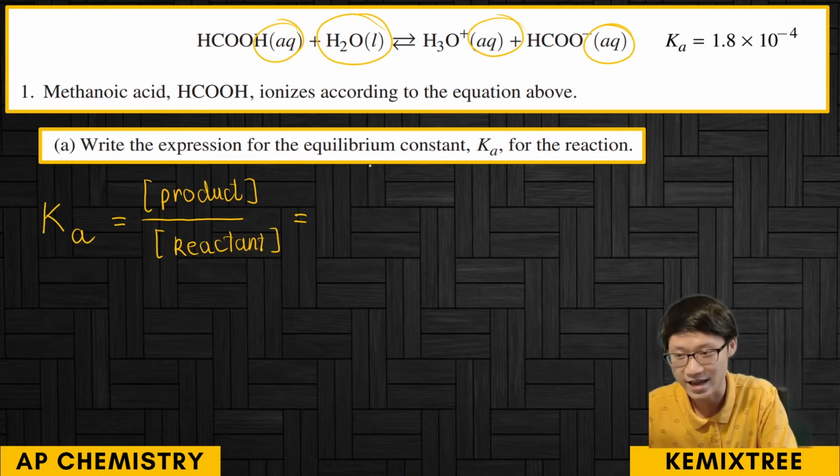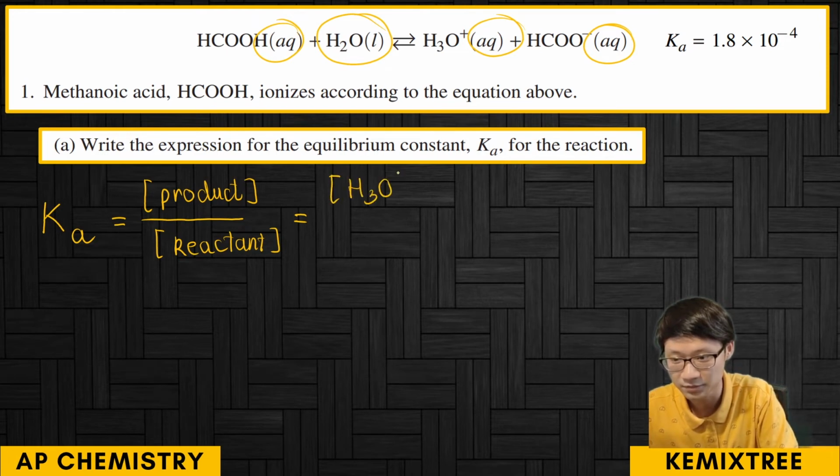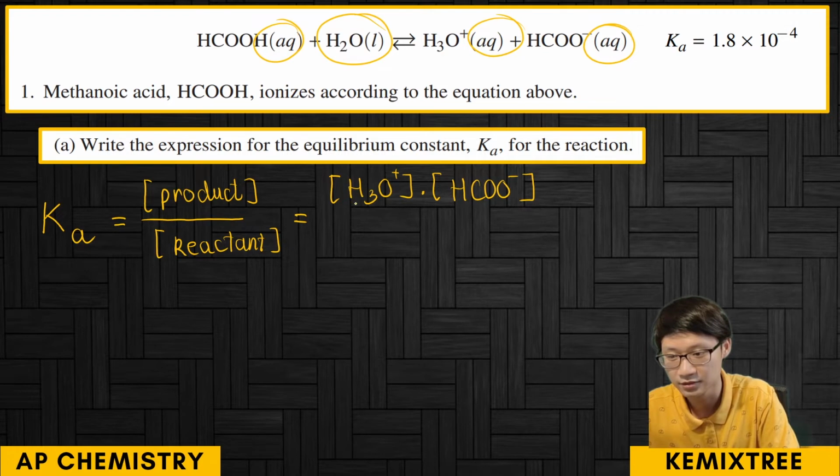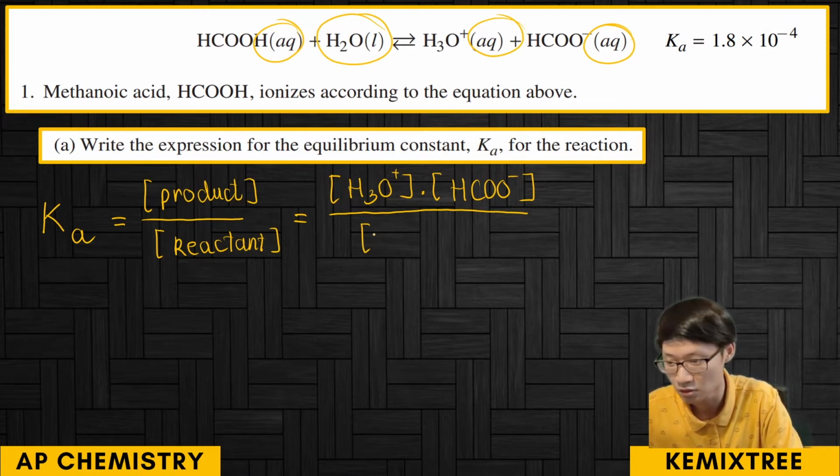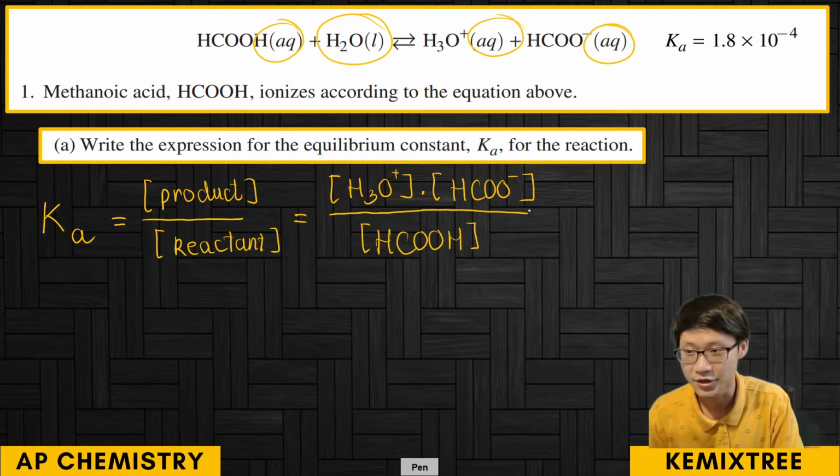So we have the concentration of hydronium ion, the concentration of formate ion, divided by formic acid. During the reaction, the concentration of water remains the same, so we don't take water into account in the expression.